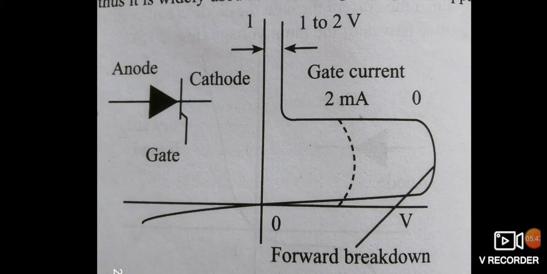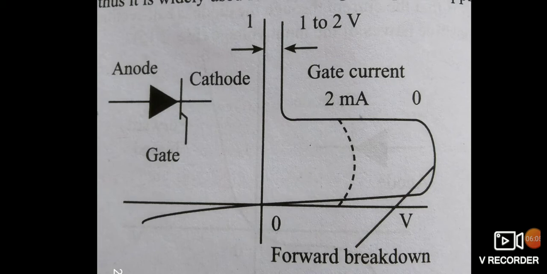Thus, for example, if the forward breakdown is at 300 volts, then when this voltage is reached, the thyristor switches on and the voltage across it drops to 1 to 2 volts.